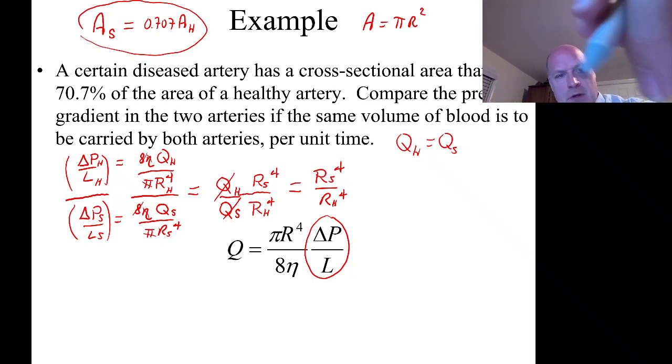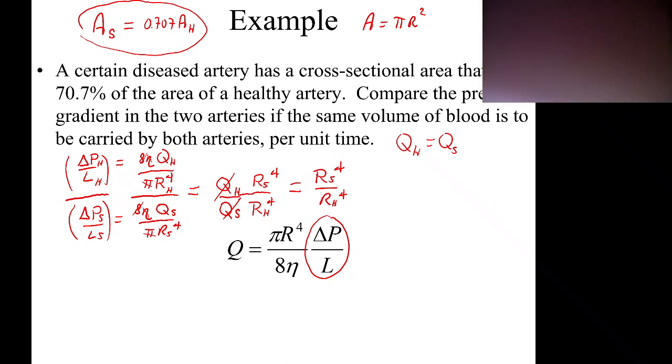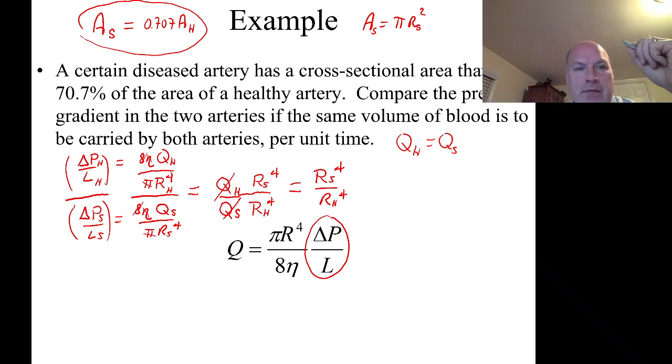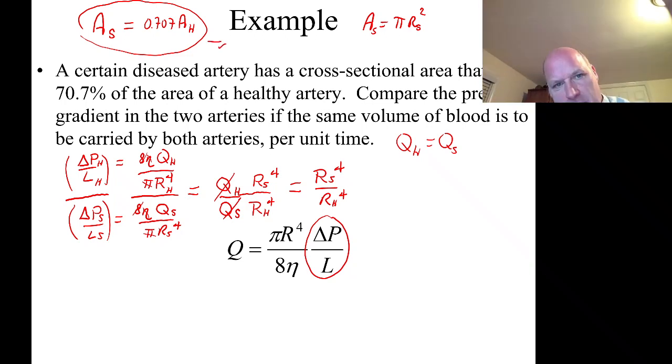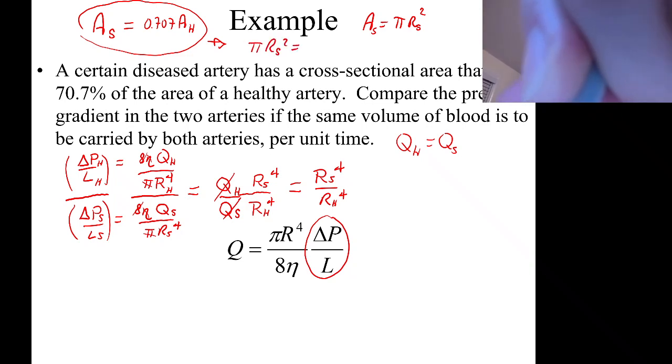So I could say area sick is equal to pi r sick squared, right? And well, I can just substitute that in, right? So this equation becomes pi r sick squared is equal to 0.707 pi r healthy squared.